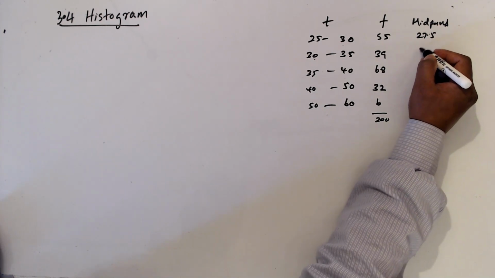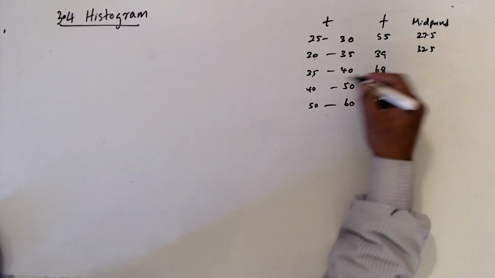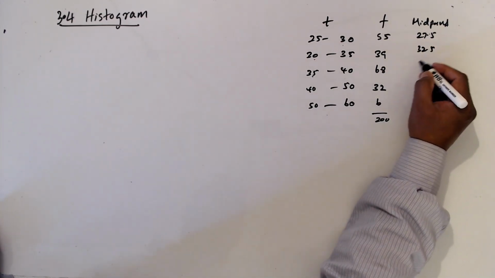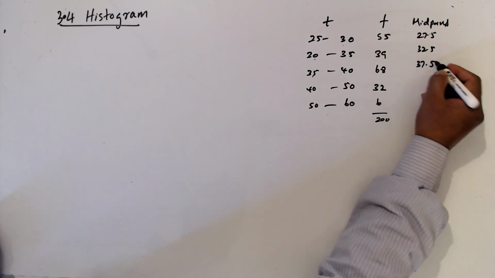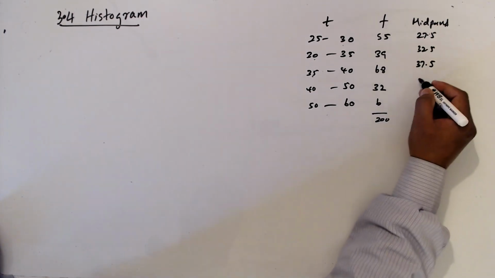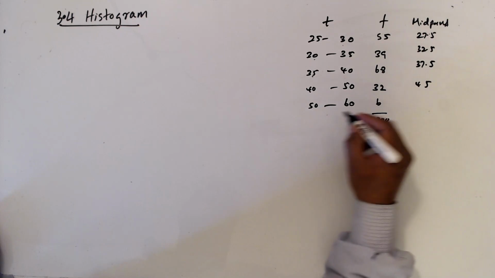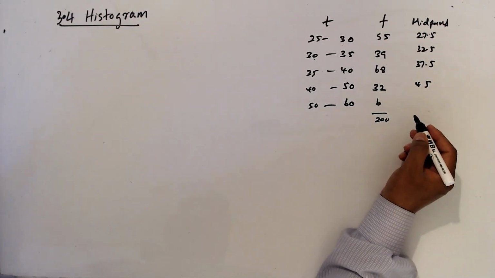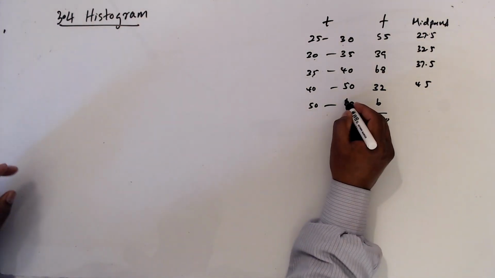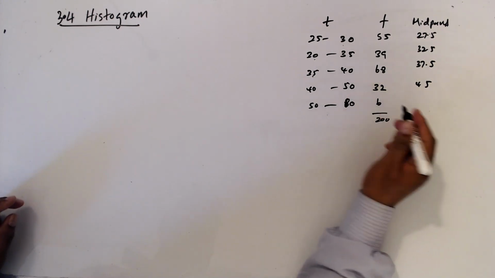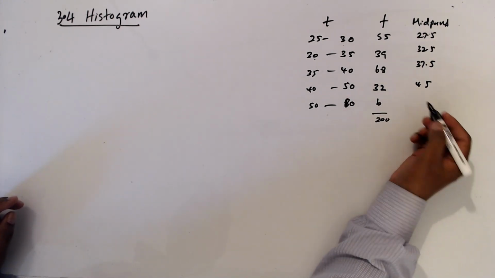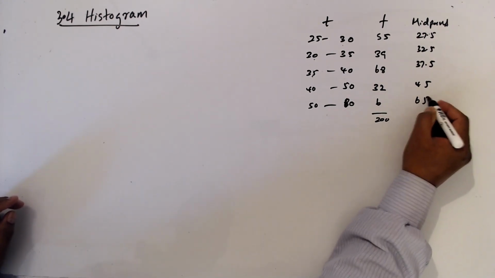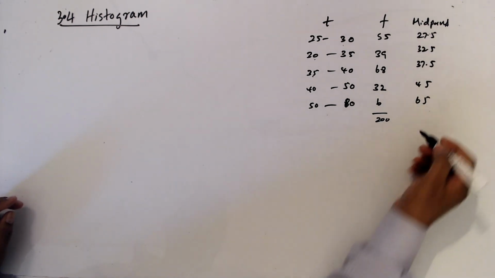This one has a midpoint of 32.5. 30 to 45 gives 37.5. And 40 to 50, 45. And 50 to 80, it is going to be 65. So those are the midpoints.